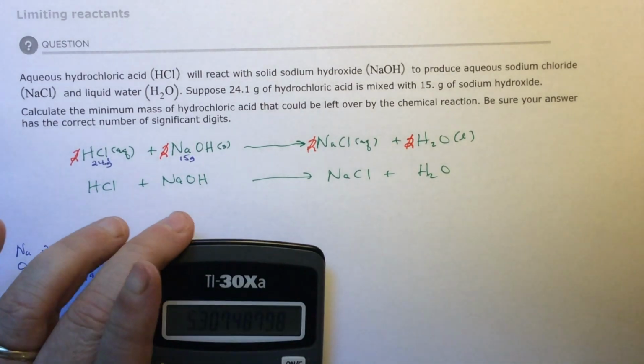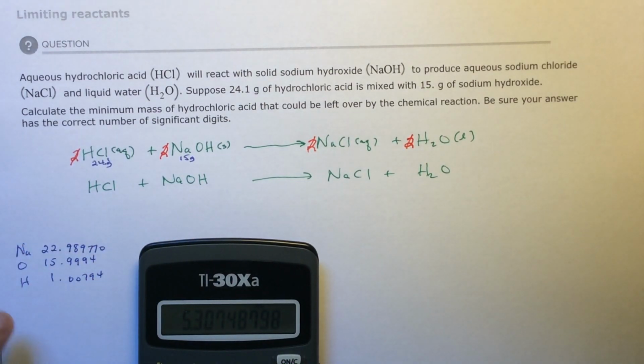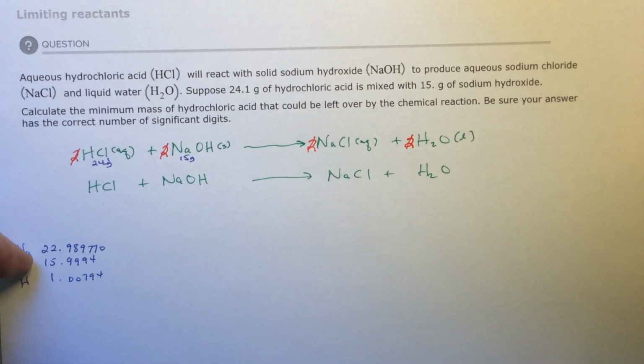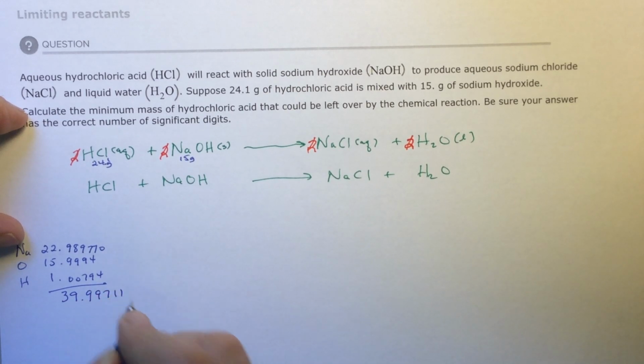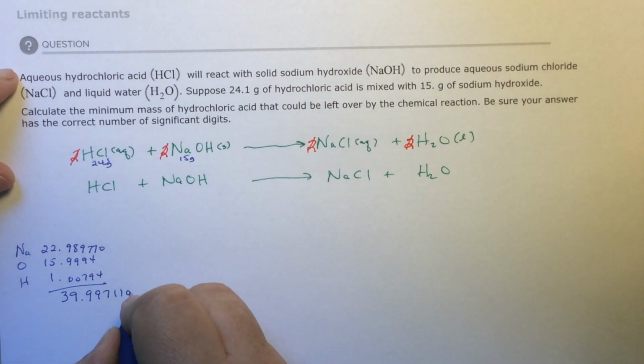Find out what that is together. 22.989770 plus 15.9994 plus 1.00794 equals, that gives me 39.99711 grams per mole.